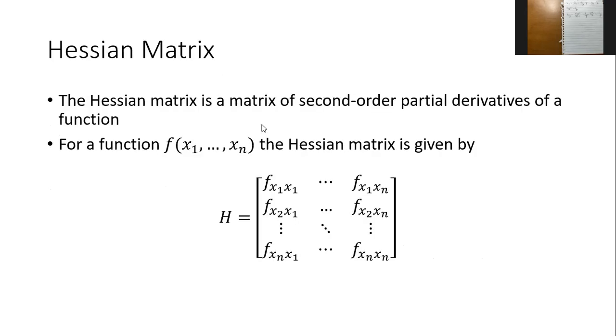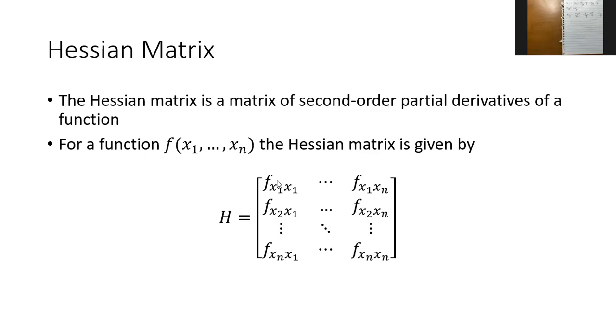Okay, next slide. The Hessian matrix is important. And in fact, it's one of the main reasons I spent all that time talking about matrices. It's not the only reason, but it is nice that I can talk about matrices now since you know what a matrix is and we spent some time on them. The Hessian matrix is, by definition, a matrix of second order partial derivatives of a function.